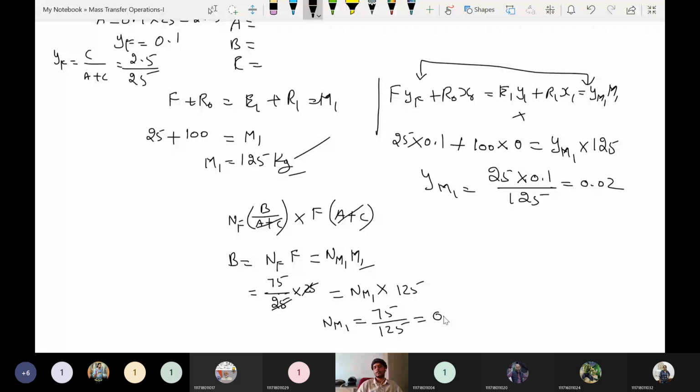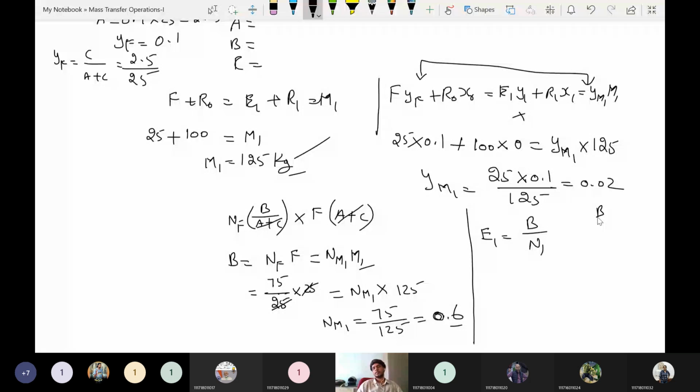Then we already know this equation: E1 is equal to B by N1. How is E1 equal to B by N1? B is B, and N1 means B by A plus C, so B will be cancelled and go upside. The same previous problem we have done. From this we can estimate the B value in the extract stream.